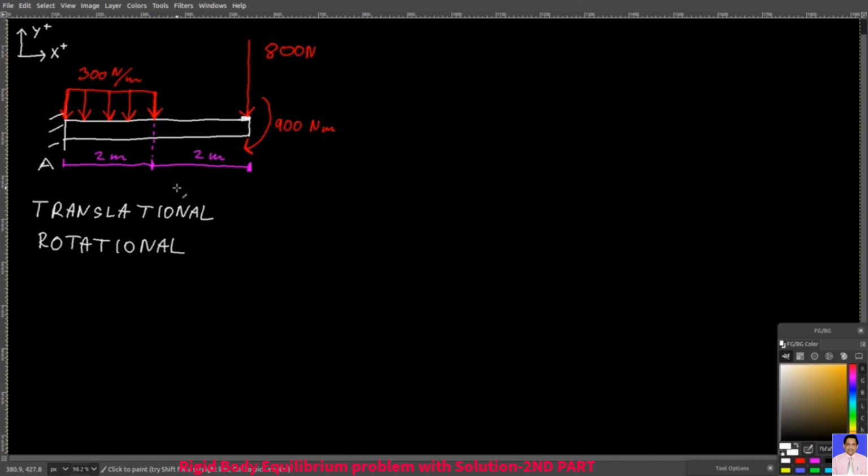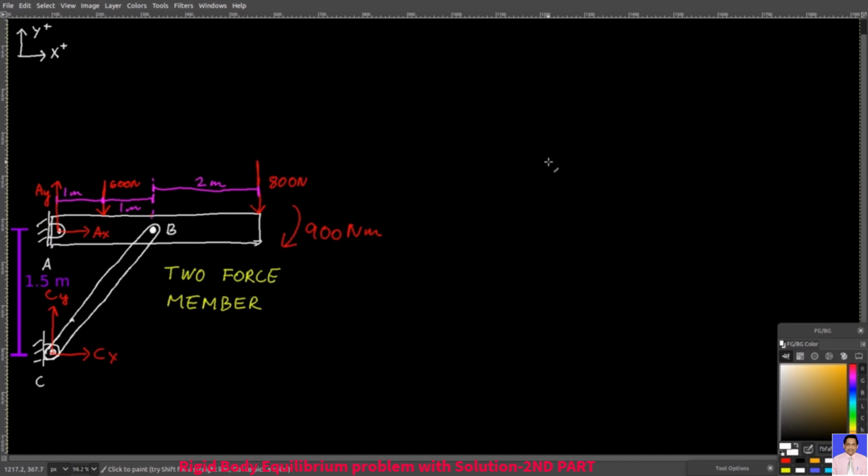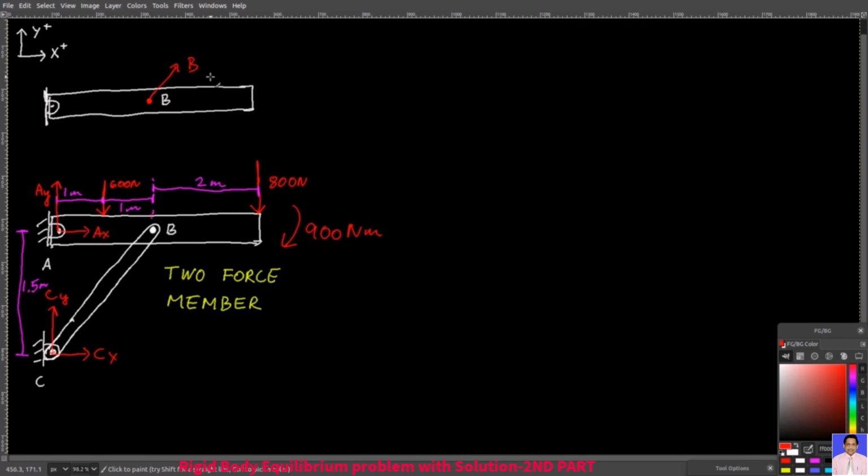Thank you. Welcome back. Let's now find the reaction forces for the beam for this new configuration. Note that if we only consider the beam in our free body diagram without the BC force member, then force B at point B is also one of the reaction forces, just like Ax and Ay.